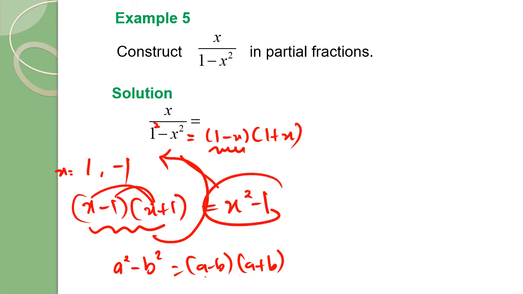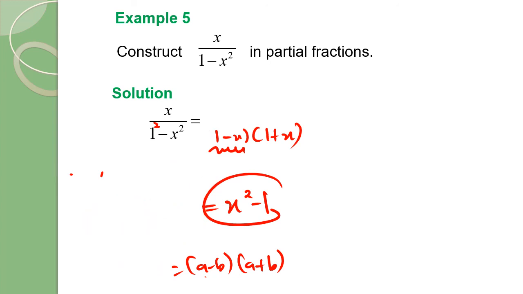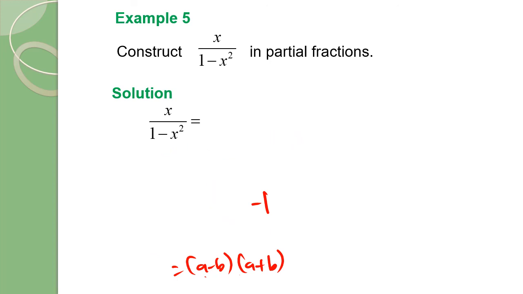This is not the same as 1 minus x squared. So you have to be careful here. When you factorize the quadratic, please make sure that you have the correct factors. Make sure of the value of x, and we have to monitor the sign of the x squared.